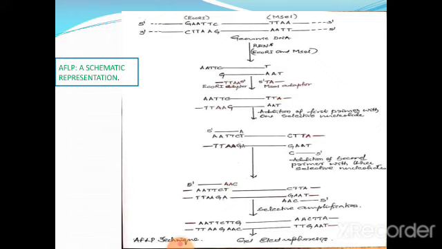A genomic DNA is isolated and digested simultaneously with two different restriction endonucleases. You can see here is the genomic DNA. On one side you have the sequence GAATTC, which is the recognition sequence for EcoR1.